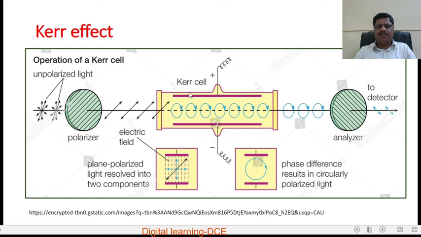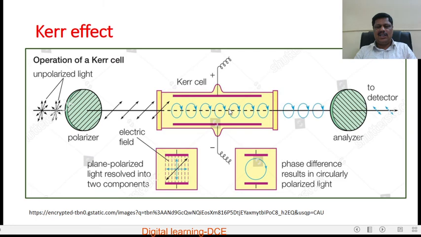So this experiment shows the Kerr effect, and it is also called the Kerr cell. Unpolarized light having vibrations in all directions is passed through a polarizer, which converts it into plane polarized light having vibrations in only one direction.